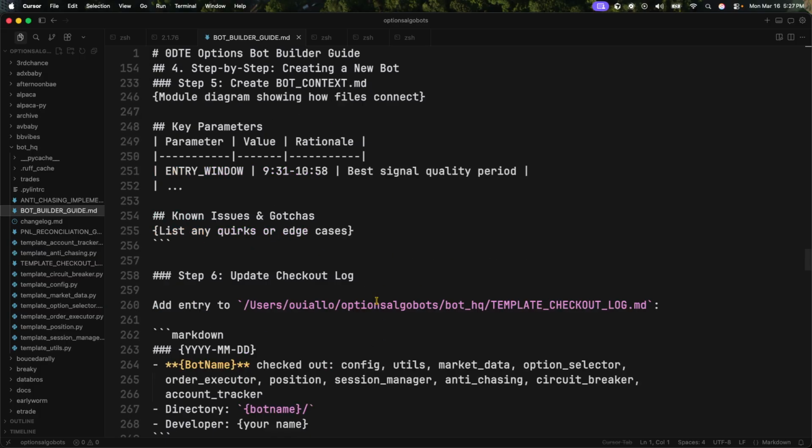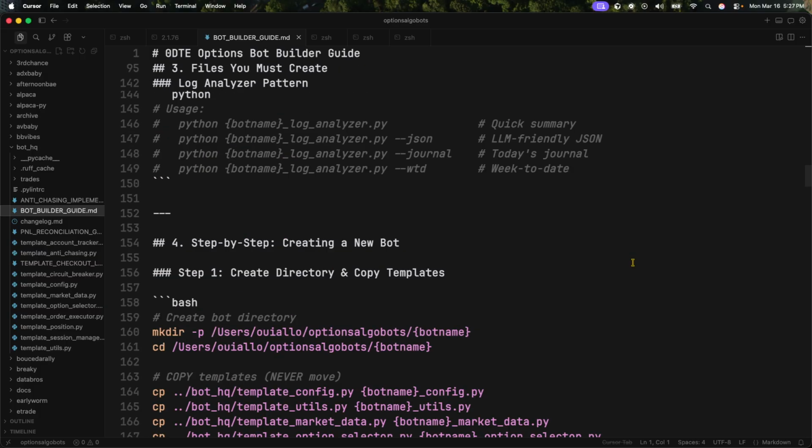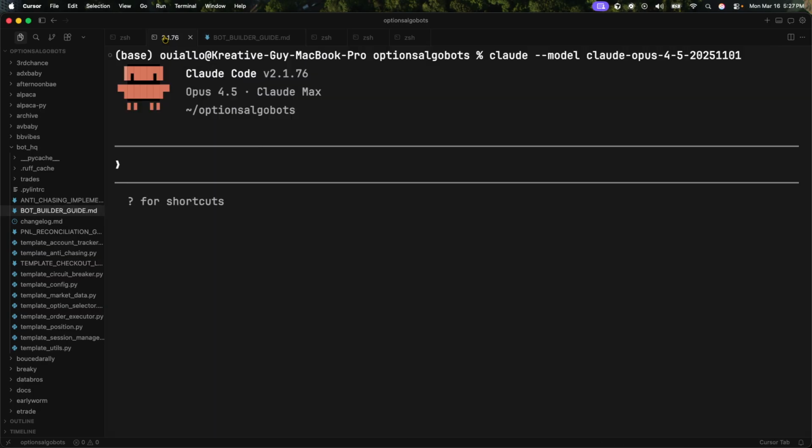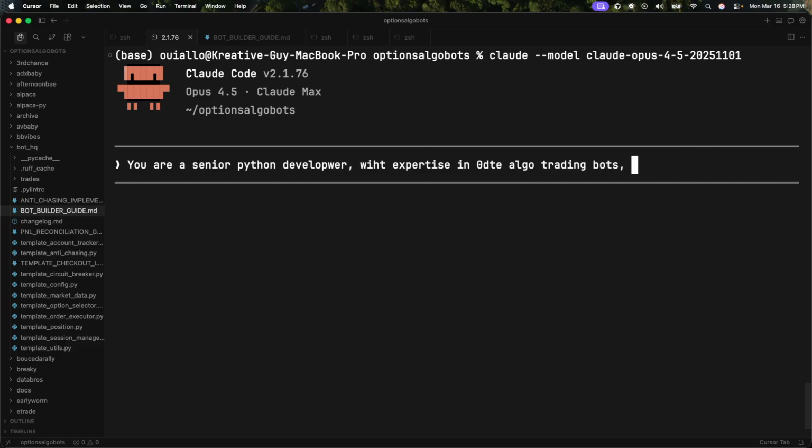I walked through it with y'all and we ran the backtest for a couple of years. Now we're actually going to create our bot. Just a little baby prompt: you are a senior Python developer with expertise in 0DTE algo trading bots.